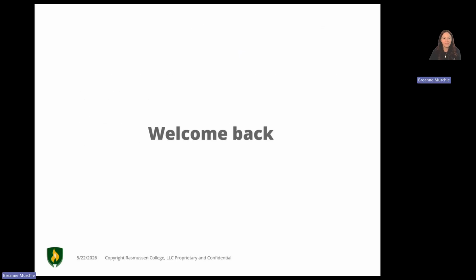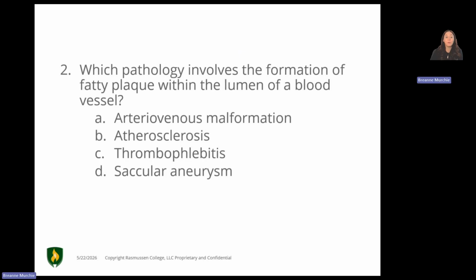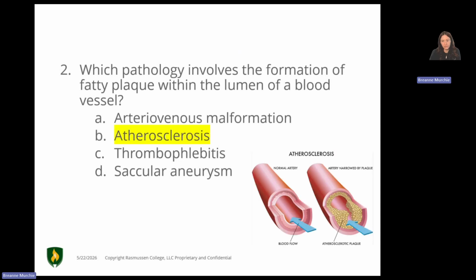Welcome back. Okay. Number 2, which pathway involves the formation of fatty plaque within the lumen of a blood vessel? That is your atherosclerosis. Athero meaning fatty, plaque, or buildup. So you can see here in my image, the artery is narrowed by the plaque.